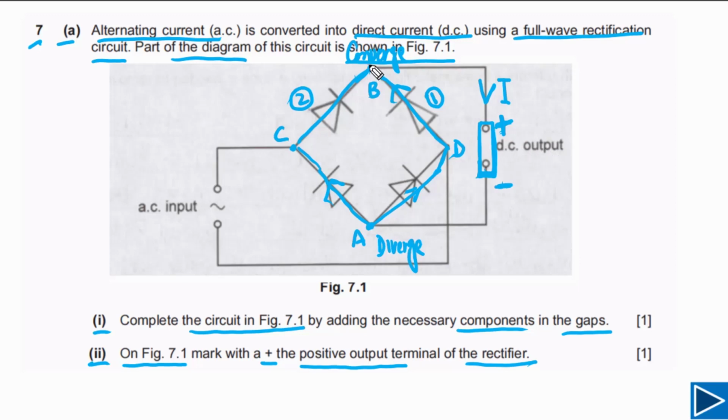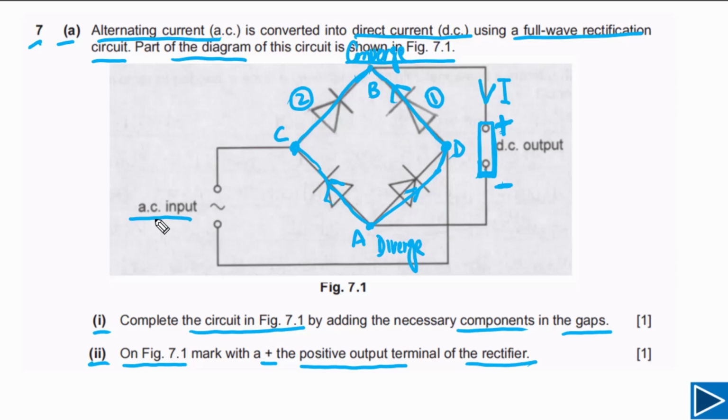And the point where they converge, that is connected with positive terminal of DC output, or you can say resistor. And remaining two terminals you can connect with AC input. So the other 2 points, points C and D, are connected with AC input. And this is true for any shape of bridge rectifier circuit.